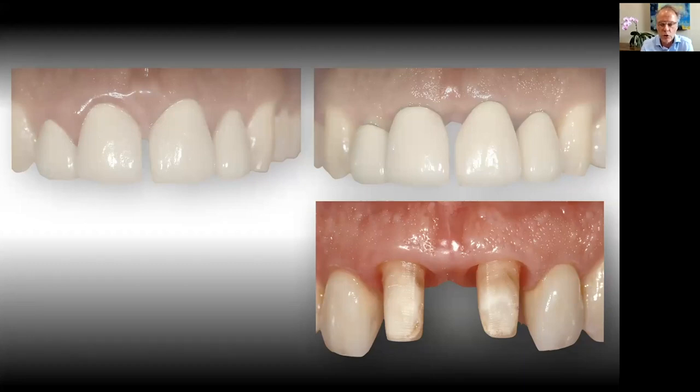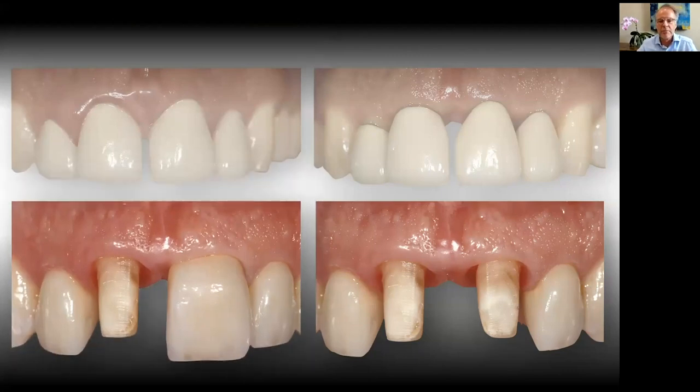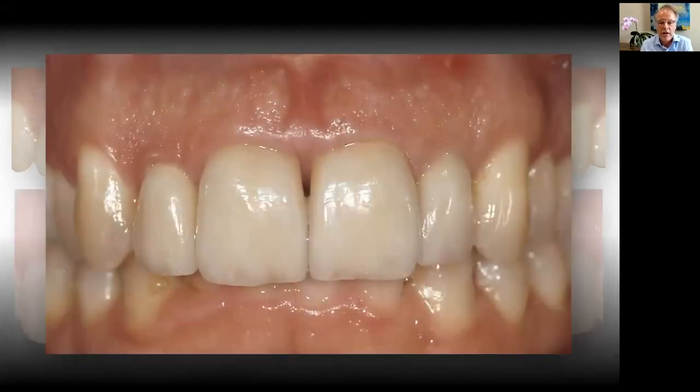So there's no question orthodontic treatment will be the best option in many cases, but I'm going to touch on that in a moment. But the focus of this program is really dealing with veneers and managing tissues. So trying in the restoration, and here you can see all 4 are tried in.